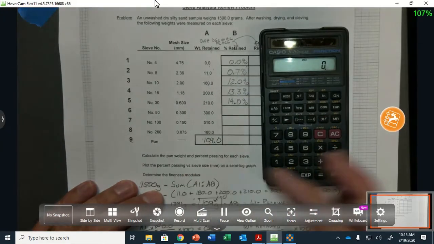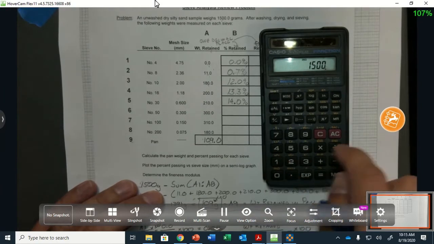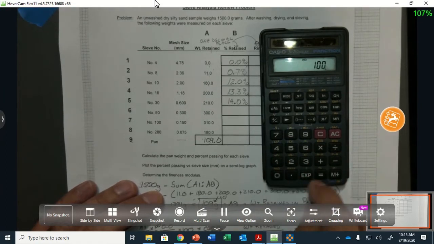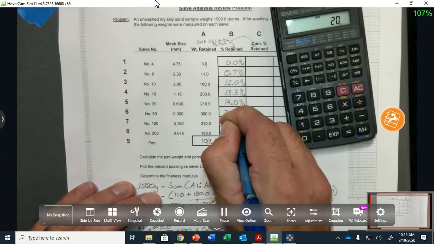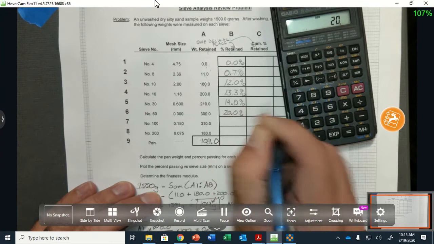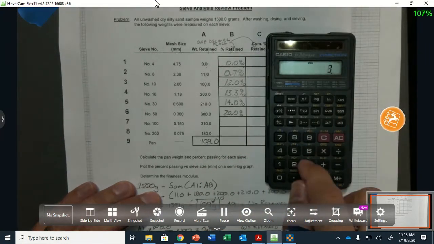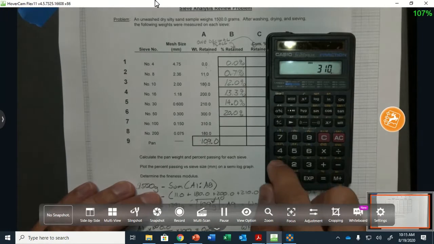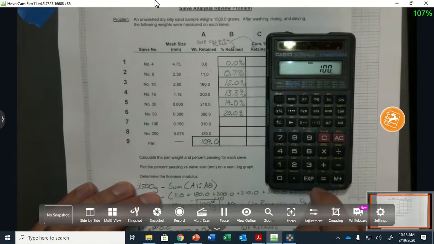So this one right here, 300 divided by 1500 times 100. Order of operations, so that's 20%. 20.0%, right? It's an even number. So I'll take this one, 310 divided by 1500 times 100.